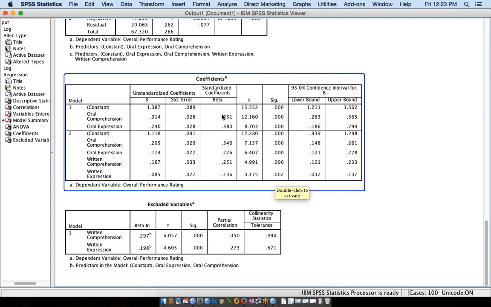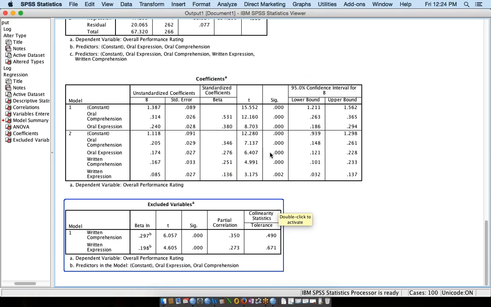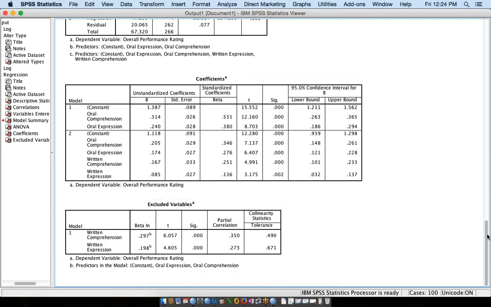But what's interesting to note is here how high oral comprehension and oral expression are. They're higher than anything here. And so what's happened is we've added variables that have shared variance with these first two. So we're taking away from these first two and we're spreading it out between these tests. But these are stronger on their own. So it doesn't necessarily make for a better model.